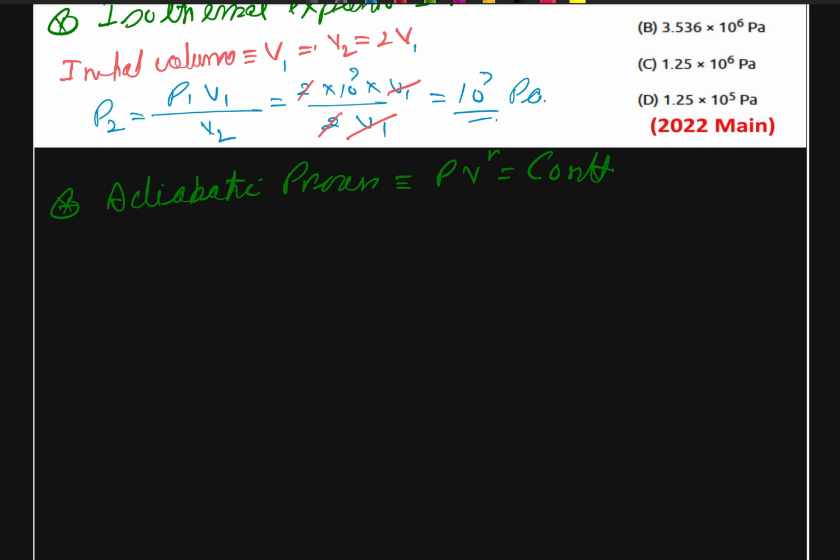Therefore, we can write this as our P2 V2 raised to power gamma is equal to P3 V3 raised to power gamma. And here it is given that our V3 is double of our V2, or we can say 4 times of our V1.